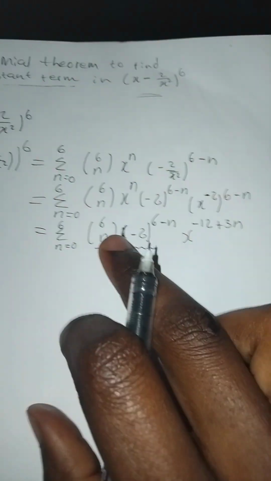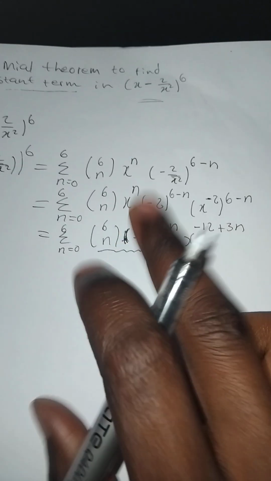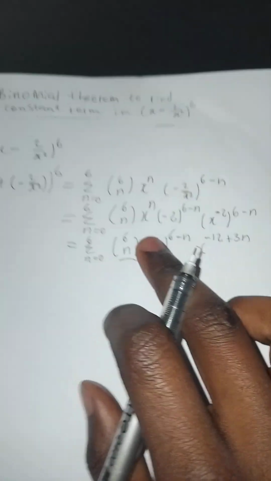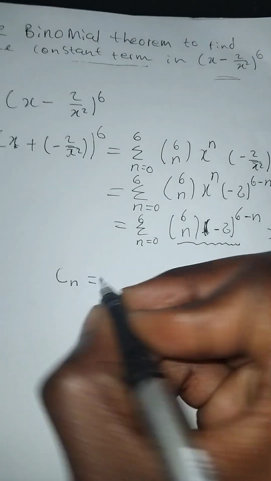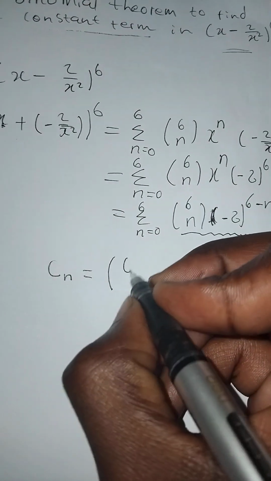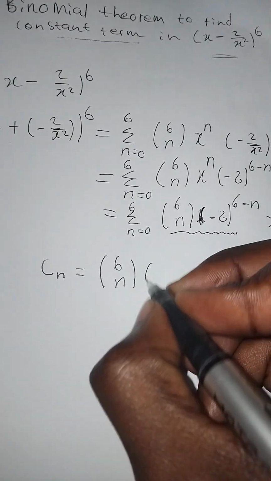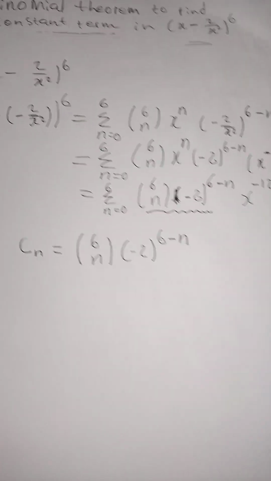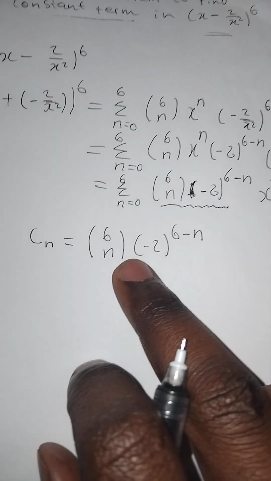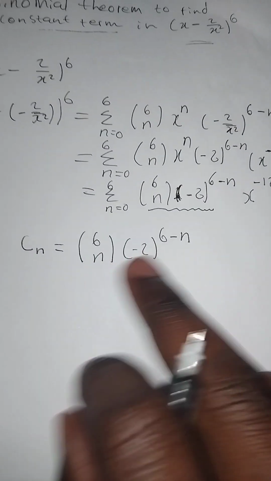So these are constants always. Okay, so I can say C of n is equal to 6 combination of n, then minus 2 to the power 6 minus n, just like that. Okay, for the constants, this is what is going to give us the constants.